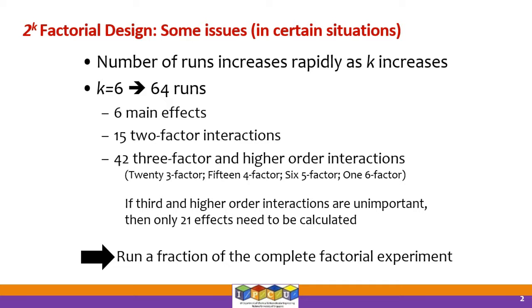All right. But the problem with a full factorial design, or let's say the 2 to the power of k design, is that the number of experimental runs increases rapidly as k increases. It is exponential in that sense, because it is 2 to the power of k. So when you have two factors, you have 4 experiments. When you have 3 factors, we have to do 8 experiments.